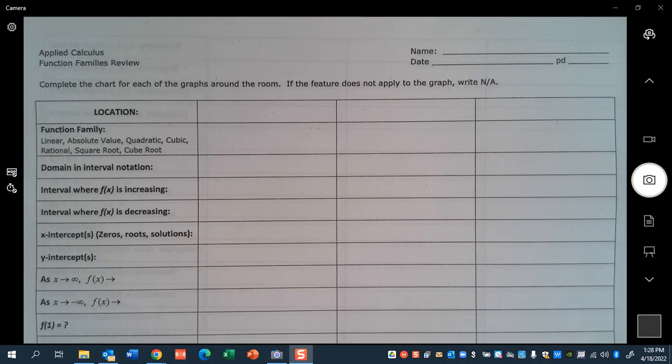Or maybe it's not even a function. So your task today is going to be to take a little trip around the world and go to Ireland, China, Jamaica, Peru, Thailand, Canada, Australia, Honduras, Turkey, Iceland.